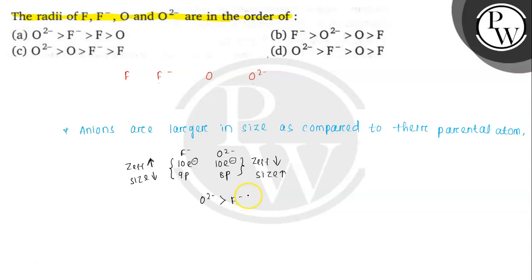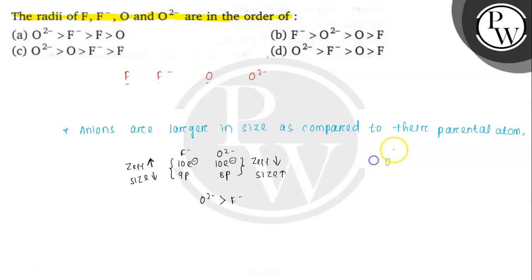Now we'll compare between F and O. Now we have only F and O. So if we see F and O, that is fluorine and oxygen, these are the parental atoms.